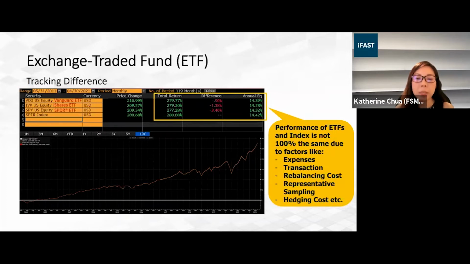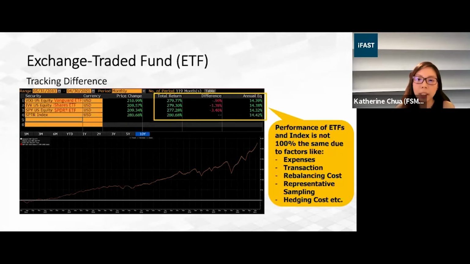This problem exists because there are fees incurred by the ETF itself, for example transaction fees, rebalancing costs, representative sampling, hedging costs, etc. The wider the difference, the less effectively or efficiently the ETF is tracking the index compared to its peers.